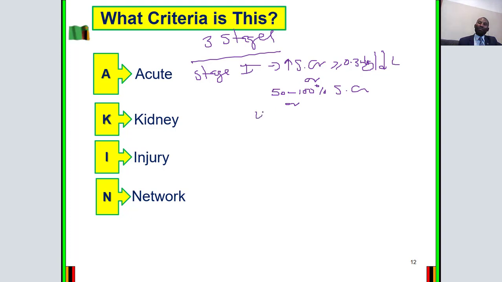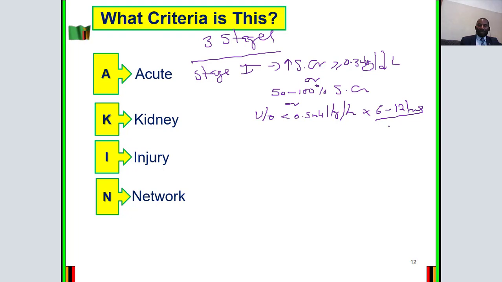Or using the urine output, less than 0.5 mL per kg per hour for 6 to 12 hours. So the difference with the staging for KDIGO is just a range. KDIGO just tells you 6 hours. But AKIN says no, between 6 to 12 hours. That is still stage 1.